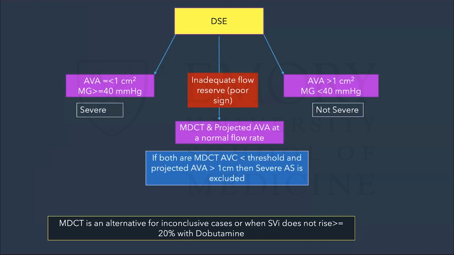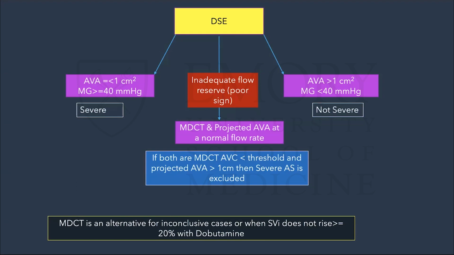Once these patients undergo DSE, at low dose, we go on a graded dosing of 5, 10, 15, and 20. And we assess for the increase in gradient and the increase in aortic valve area. For example, the first group on the left, those who had an area of less than 1 centimeter and a gradient of 40 during this test, are classified as severe AS.